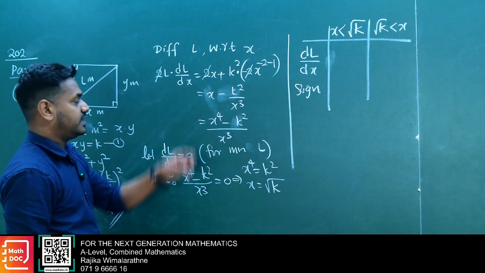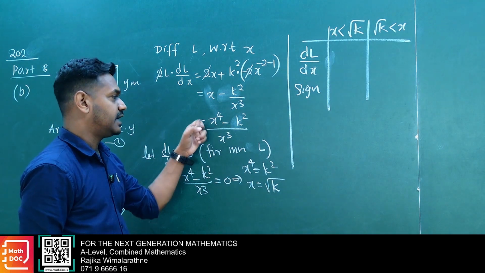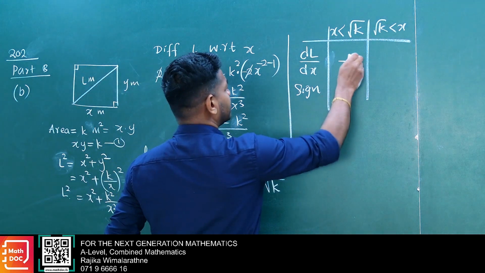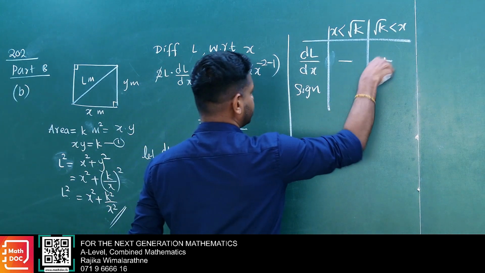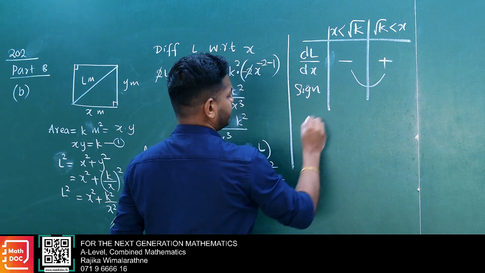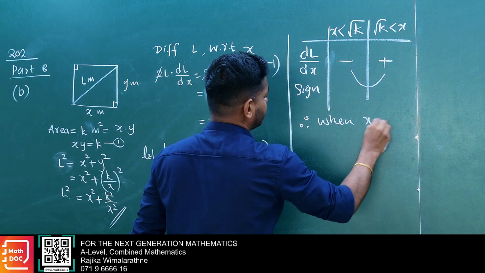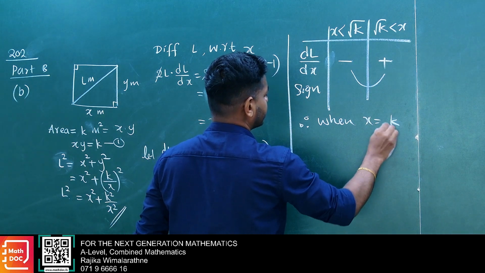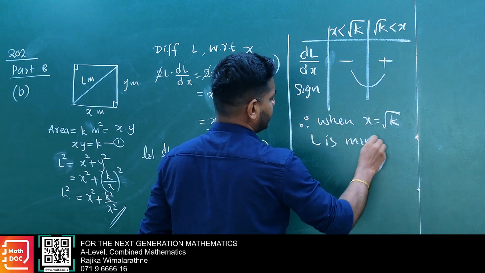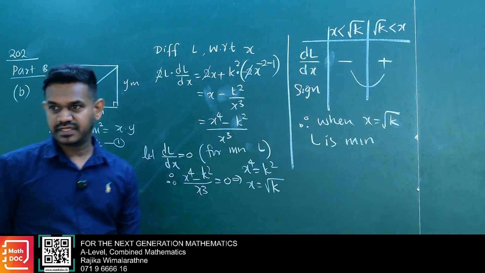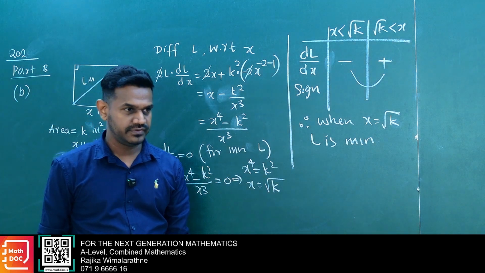If you consider x less than root k, here it is negative. Greater than root k, this part is positive. Then it is a minimum. Therefore, when x equals root k, L is minimum. That's how we do it.